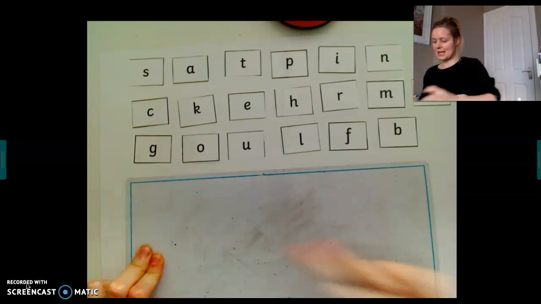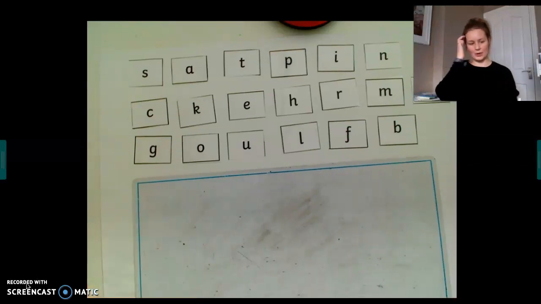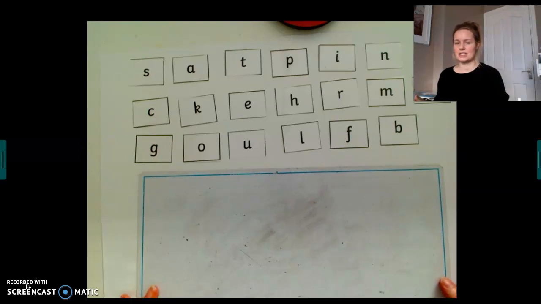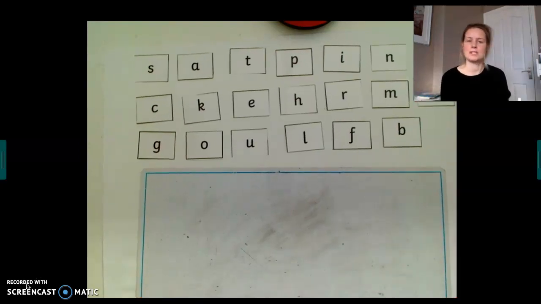Now, this time I'm going to call out a word and you see if you can write it before the teacher writes it, okay? We'll take it nice and slowly. The word is bog. Bog. B, o, g.